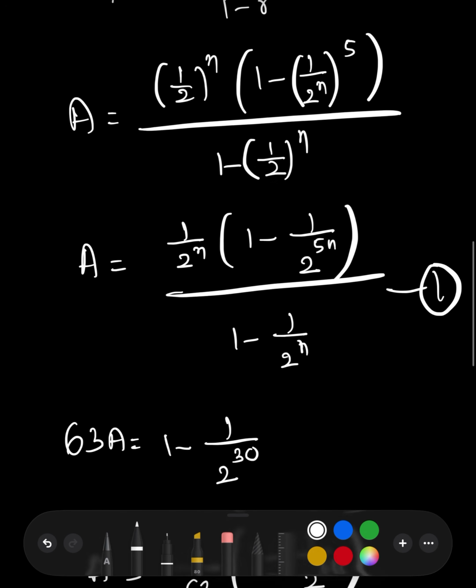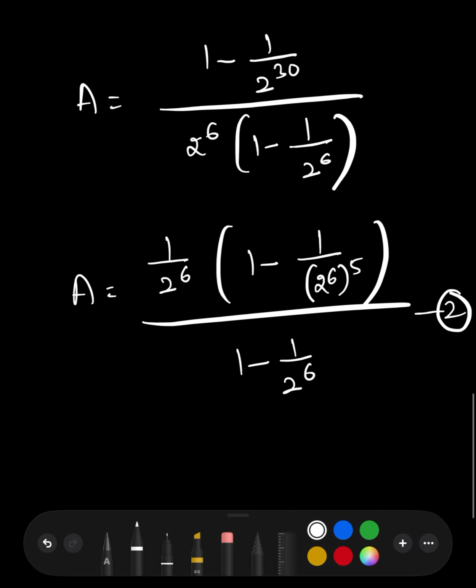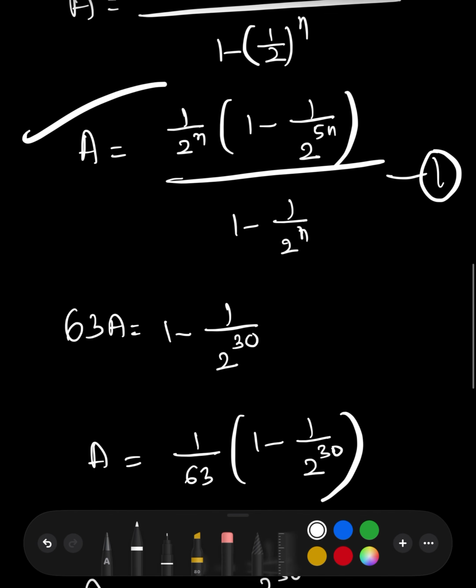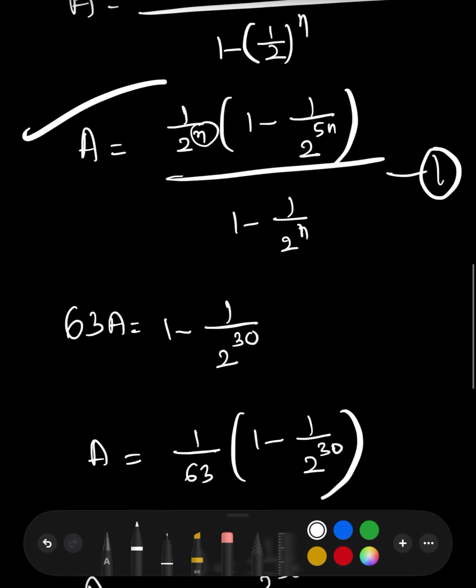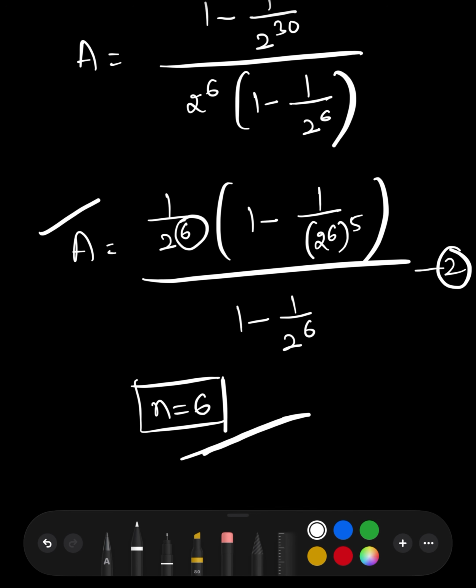Now compare this A and that A. Clearly, if you observe, in every case n is equal to 6. Thank you very much.